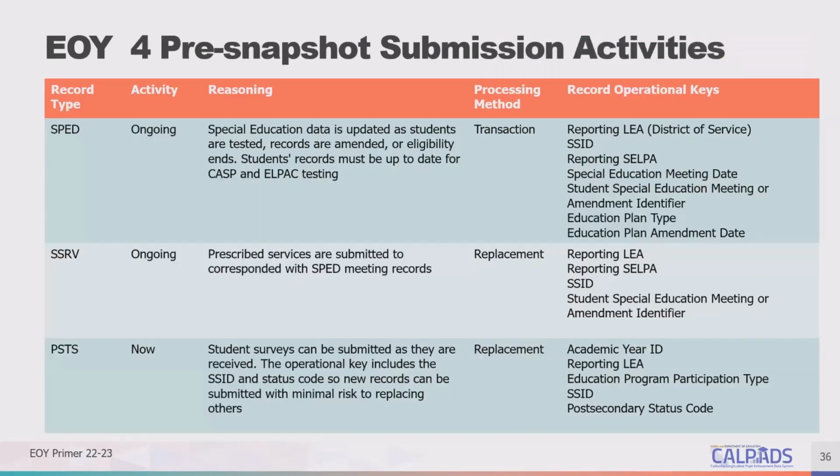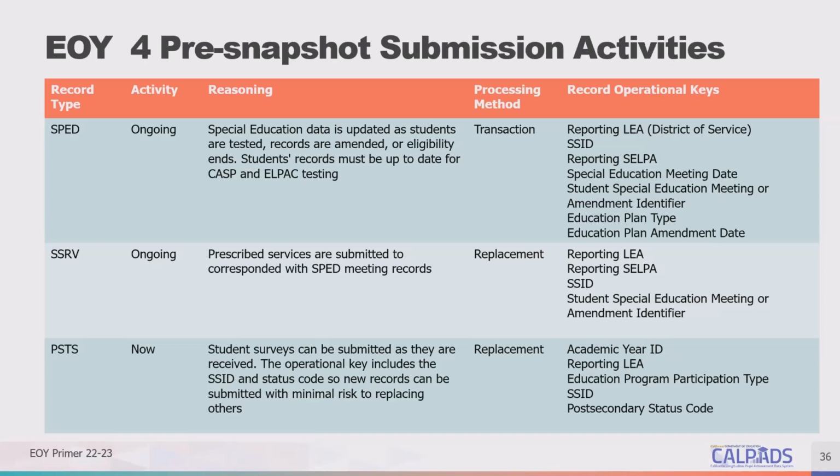Let's talk about pre-snapshot submission activities. So what you are able to do prior to May 8th. Special education data coordinators are usually pretty good about submitting records for students with disabilities in a timely manner. The CALPADS View Submission screen consistently shows frequent activity for most LEAs for the SPED and SSRV file types.